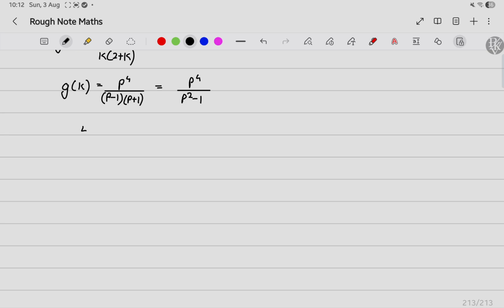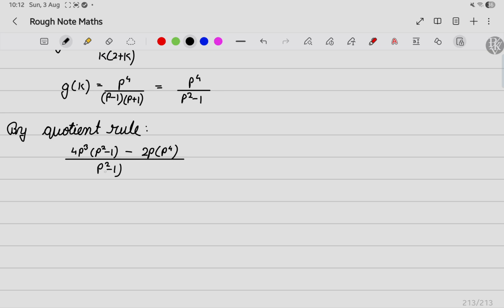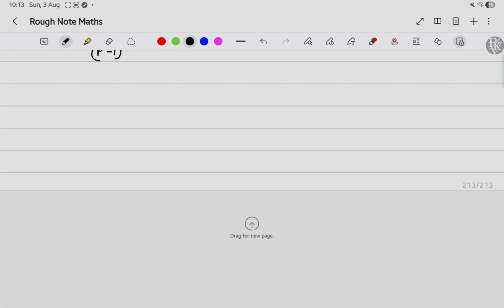So by quotient rule it will be 4p cube times p square minus 1 minus the derivative of p square minus 1, which is 2p, times p raised to 4, whole divided by p square minus 1 the whole square, and since we are finding the minimum value, we need to equate this to 0.